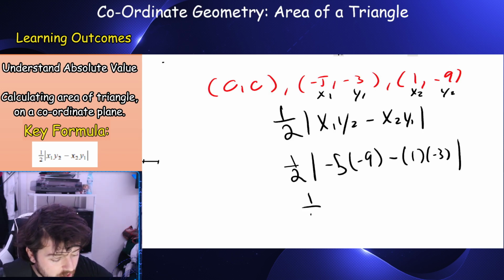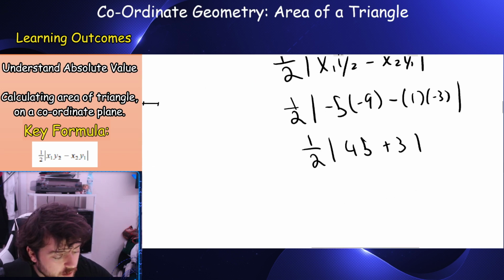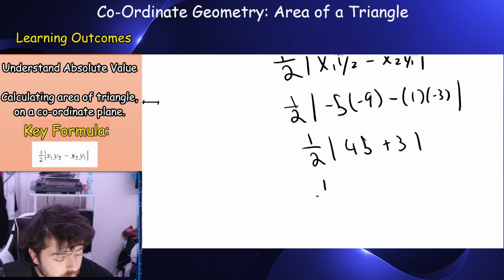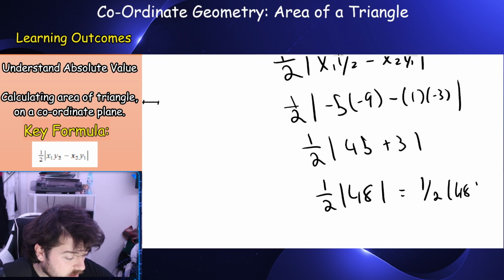So it'd be a half, minus 5 times minus 9 is 45. Then minus 1 times minus 3, which is plus 3. So therefore, I have a half times the absolute value of 48, which is just a half times 48, because the absolute value of 48 is 48. So my answer is 24 units squared.